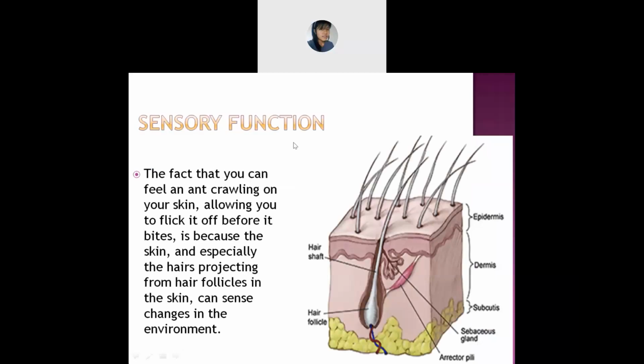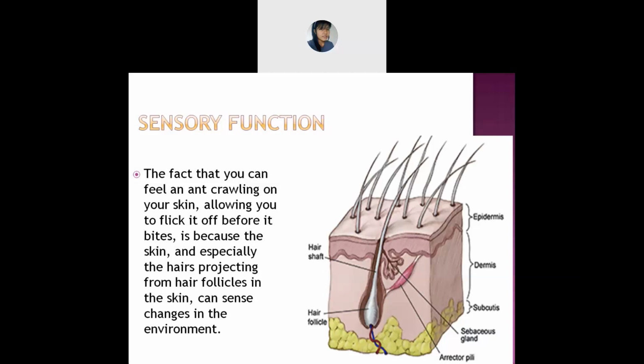So in sensory function, let us discuss the sensory function now. I've given here one example: if an ant crawls over your skin, what will you do?